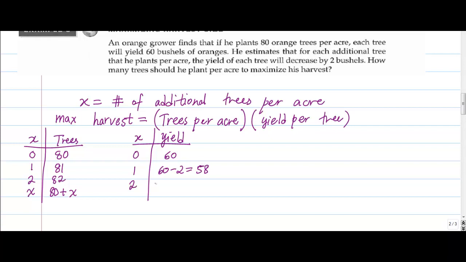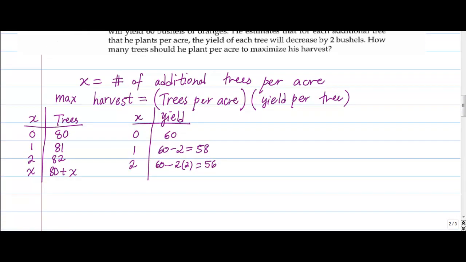Right? If he plants 2, it'll be 60 minus 4, which will be 56. Right? If he plants 3, it'll be 60 minus 2 times 3, which is 6, so that's 54. So if he plants X number of trees, it's 60 minus 2X.